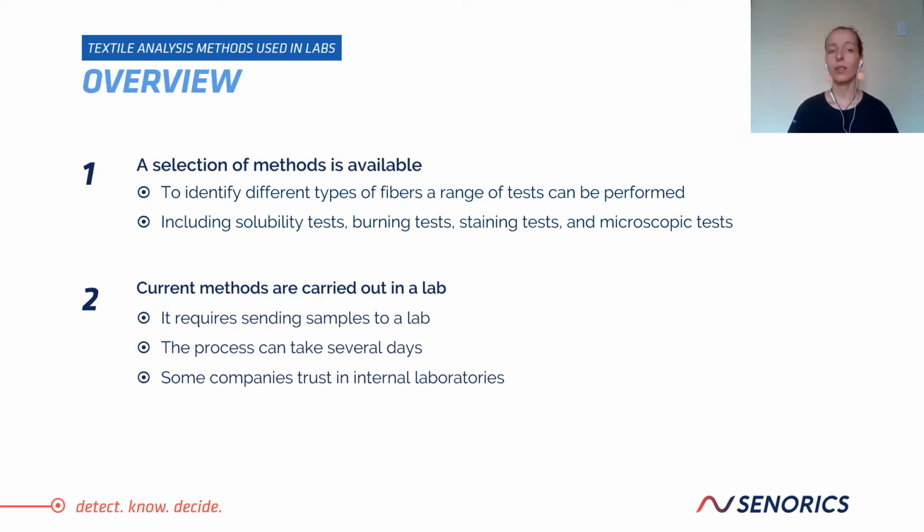Usually, it requires sending the sample to the lab, and unfortunately, often the sample is destroyed during the testing due to the nature of the methods. The process can also take several days, and even though it is very precise, it comes with a great time delay and high costs. Some companies trust in internal laboratories. However, equipping and staffing such facilities also comes at a very high price.